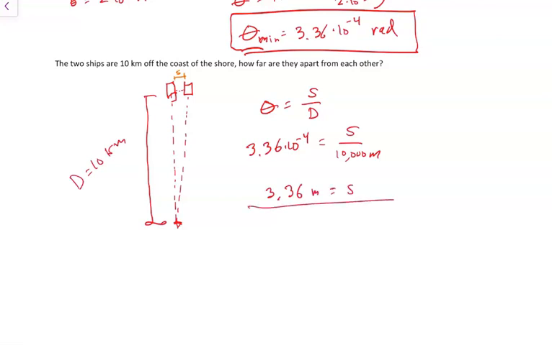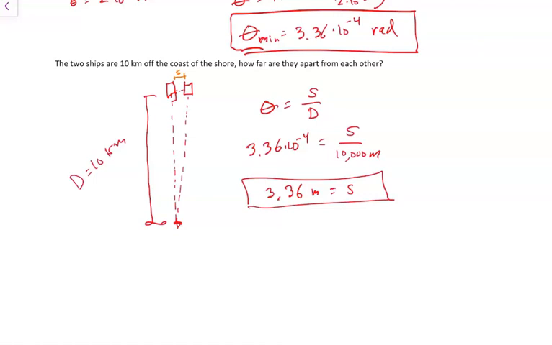So supposedly, if the Coast Guard has that good of eyes, when he looks 10 kilometers off of the shore and sees these two ships as being actually two ships, then the minimum distance apart that they could be is 3.36 meters.